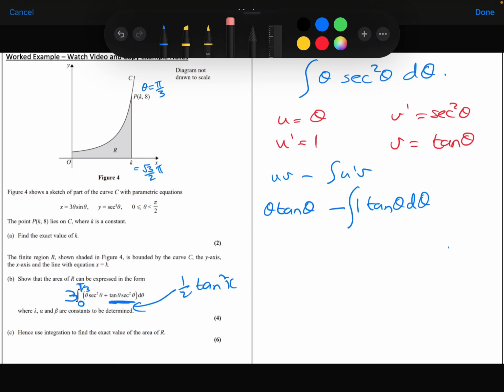The 1 times tan theta is obviously just tan theta. Right. So we've got theta tan theta minus the integral of tan theta. Now the integral of tan theta, you have this on your formula booklet. It is ln sec. You do get given that on your formula book.